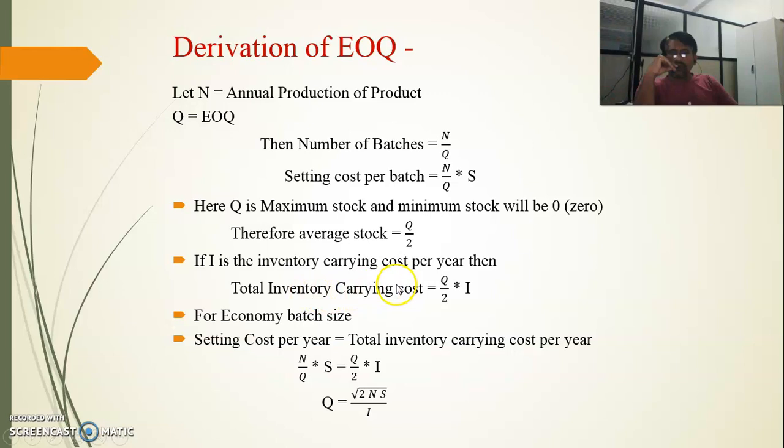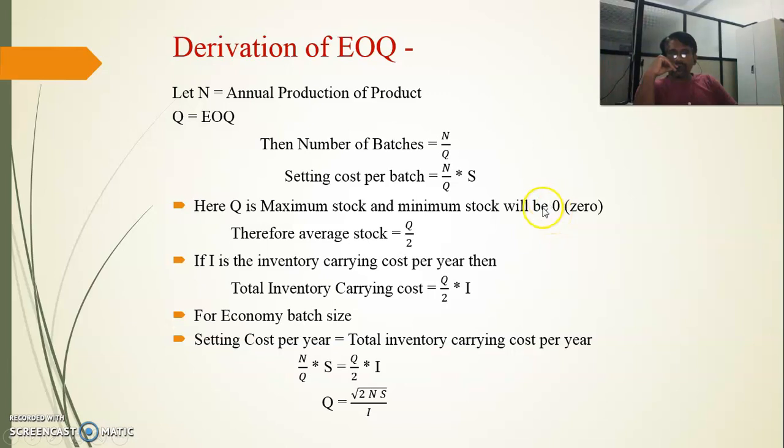So this total inventory carrying cost can be calculated by keeping in mind that initially the stock is Q, that is maximum, and in the last zone the stock becomes 0.